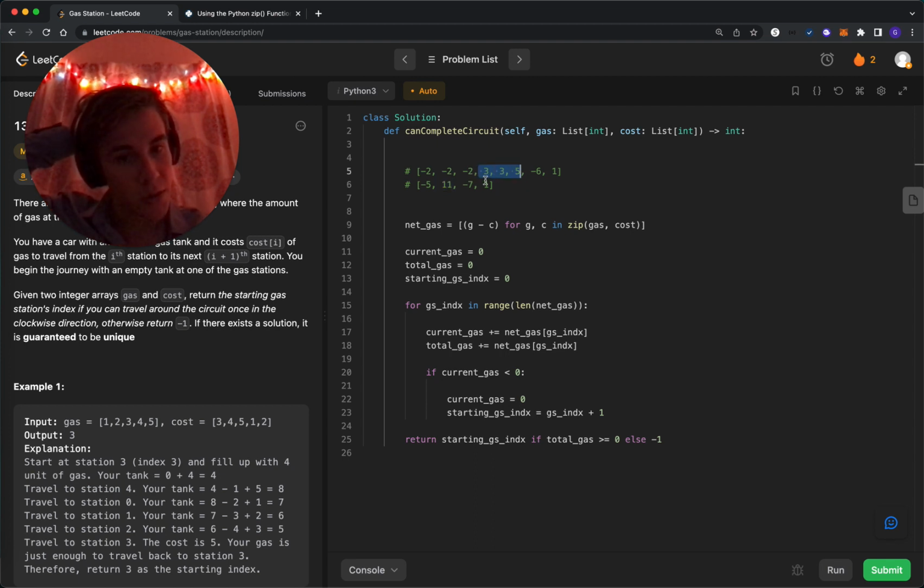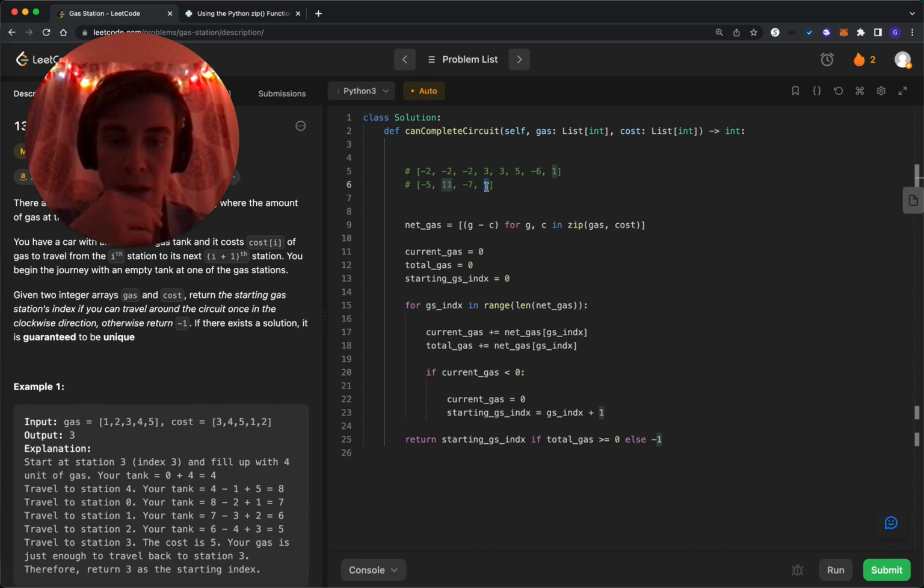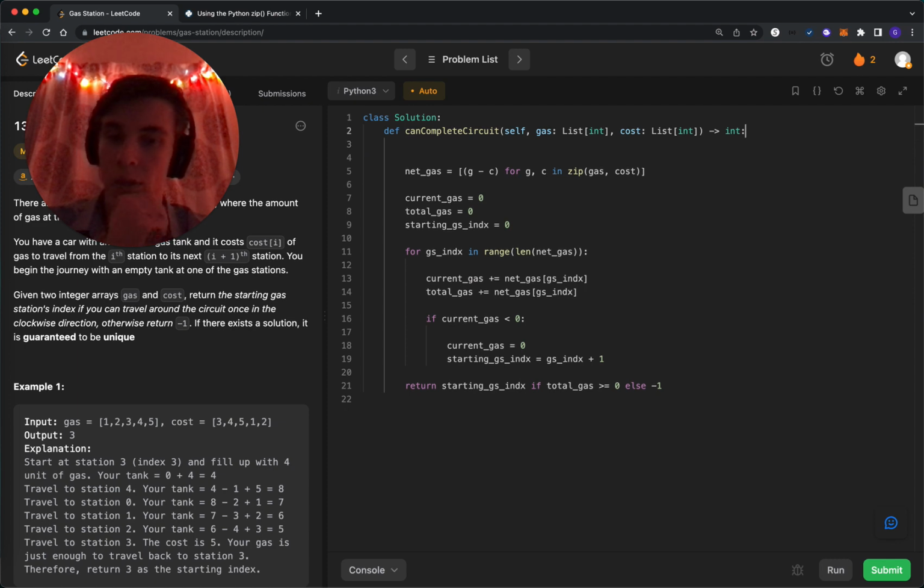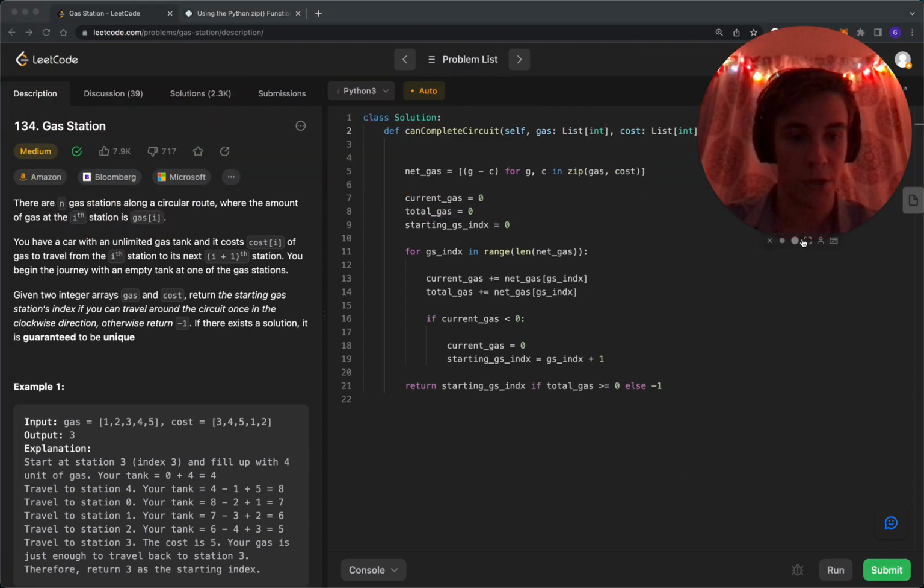And I'm also testing this one. And I'm testing it not directly. It's not always considered a runway. It could become a runway if the current gas that I have in my car becomes negative, which means that it's impossible for me to start at this runway.